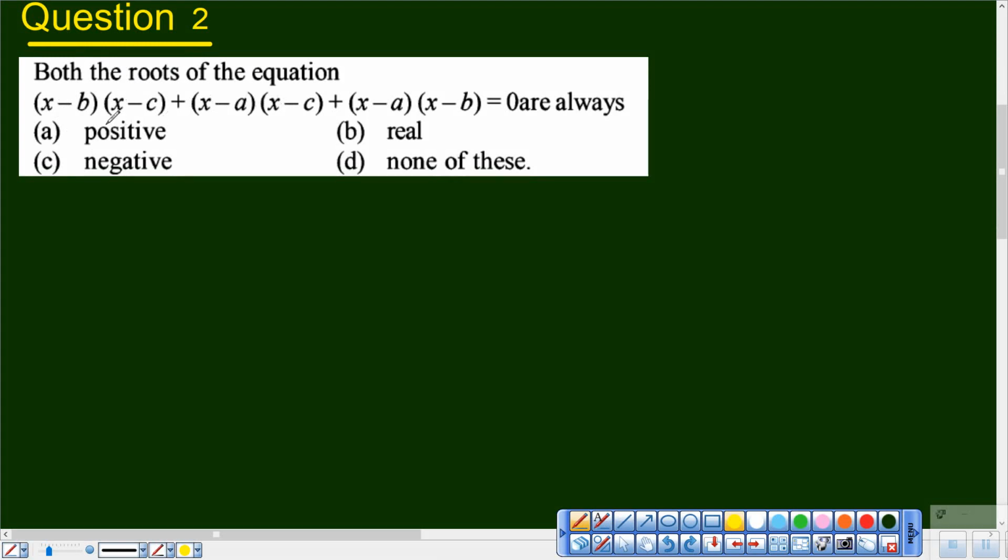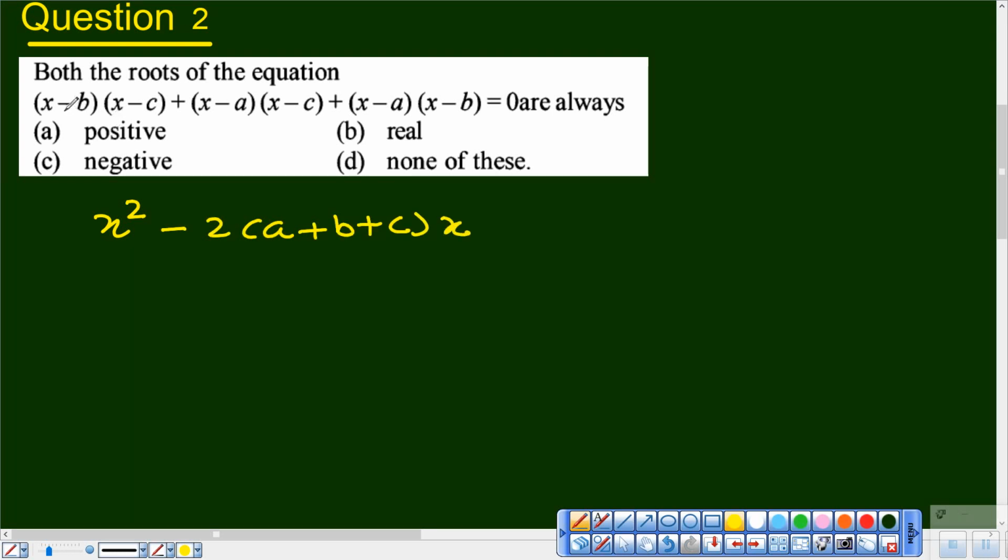Again in this bracket, you'll get x square. And thus the expanded form would be x square, and of course the linear term would be minus 2 a plus b plus c times x.